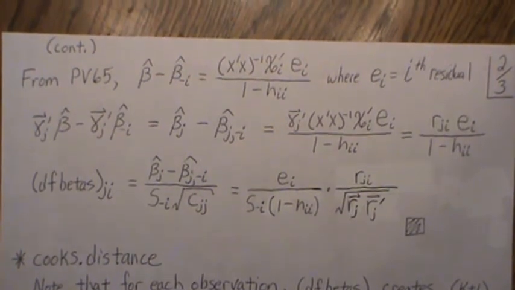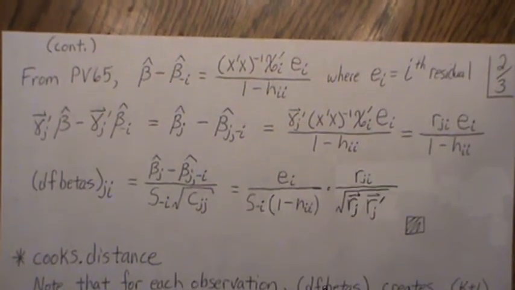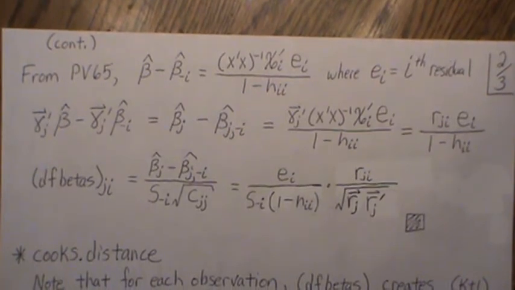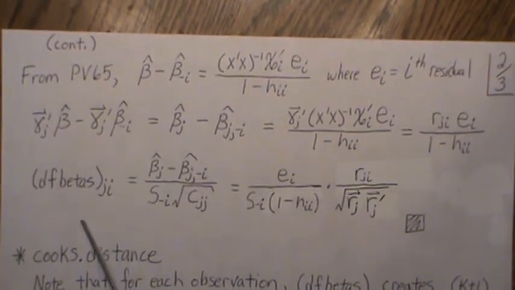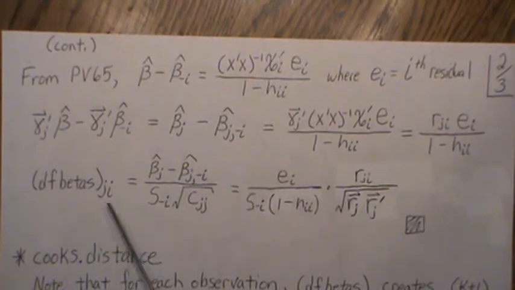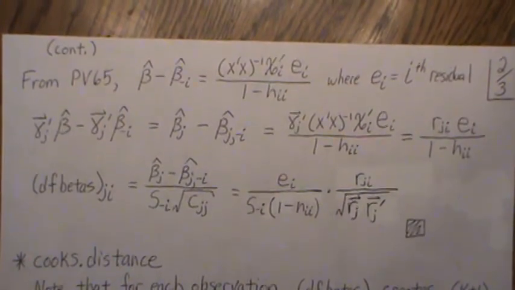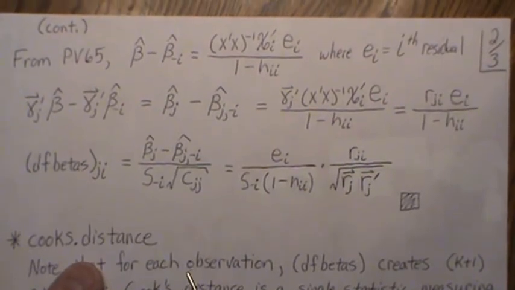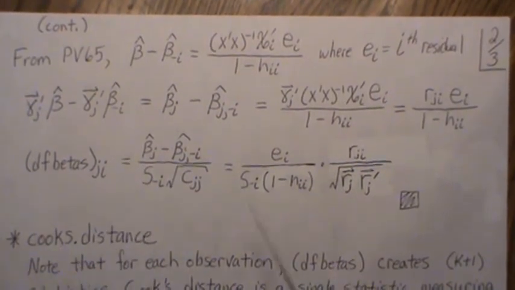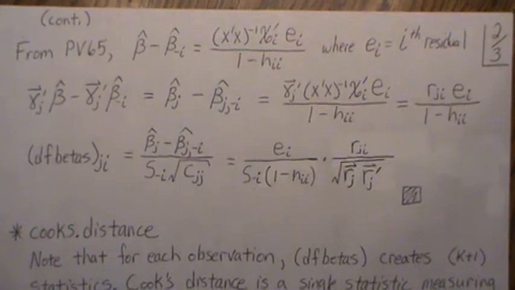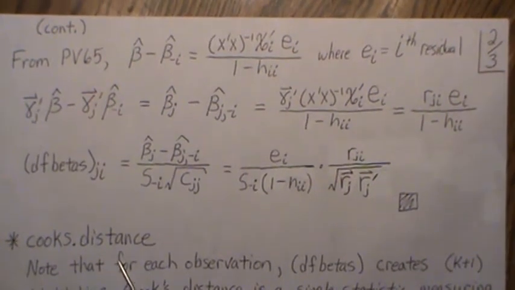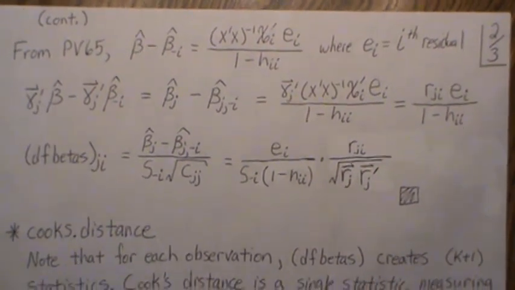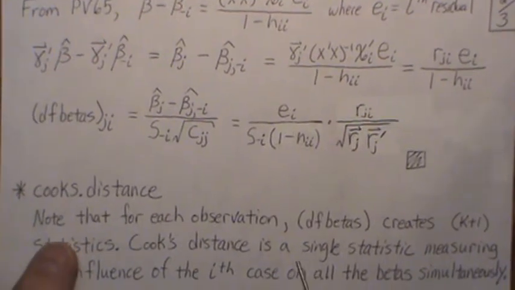It gives us one number to say, hey, something went awry when we removed the ith observation with all these betas. So now go back and look at the individual ones. But if it's not flagged in Cook's distance, then we don't need to go back and look at the betas for that ith observation. And so it's a quick way to summarize these DFBETAS.